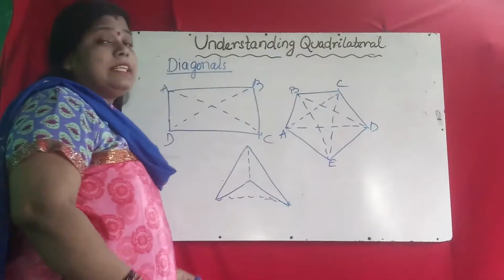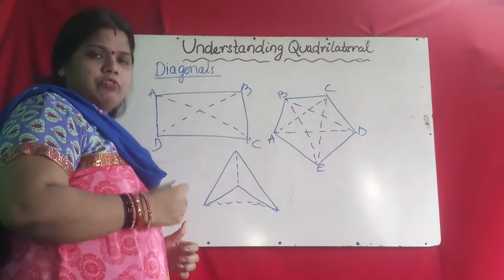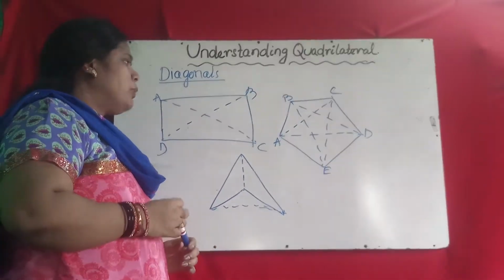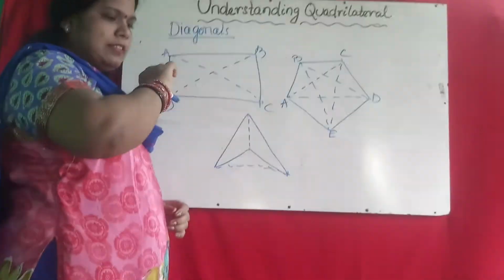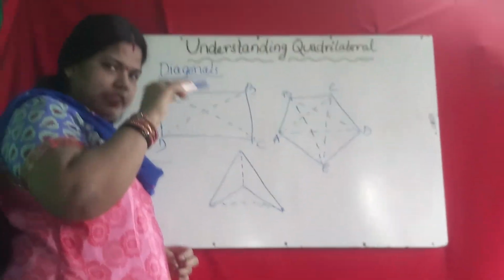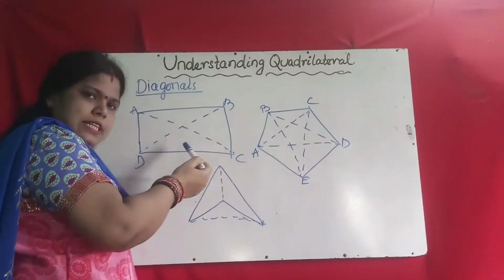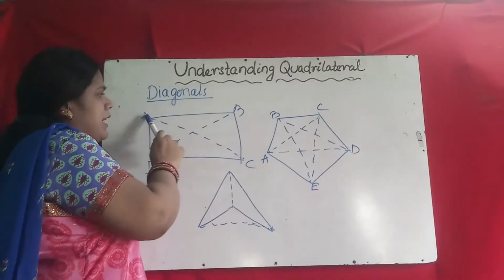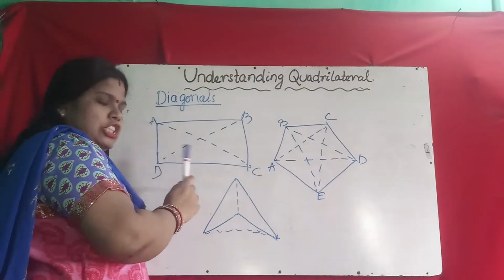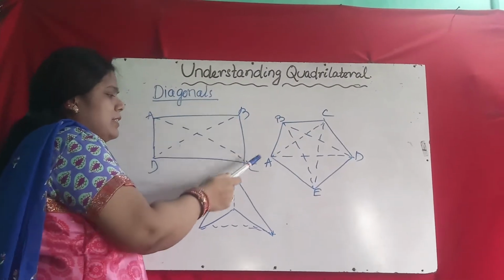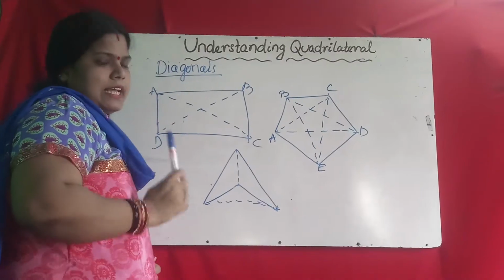Now, what are diagonals? So we are clear about polygons. Polygons have a number of sides, and we can give names to the vertices. Suppose it is a polygon, a quadrilateral with 4 sides. So name it A, B, C, D, the consecutive names A, then B, then C, then D. So what are diagonals?